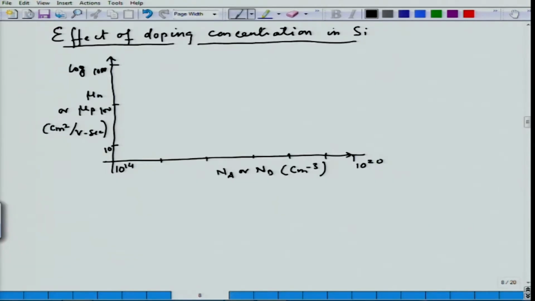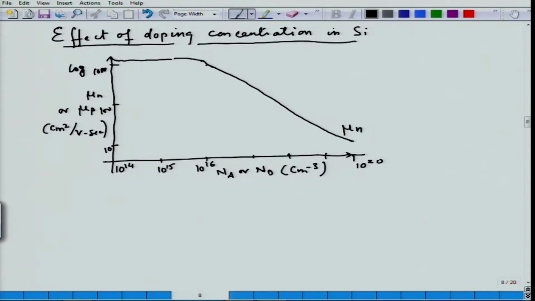So, for silicon the mobility starts at a higher number up to 10 to the power 15, 10 to the power 16, it sort of remains constant and then it drops quite linearly up to the high doping level. This is the electron mobility.